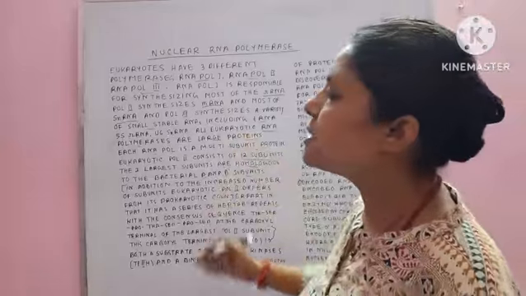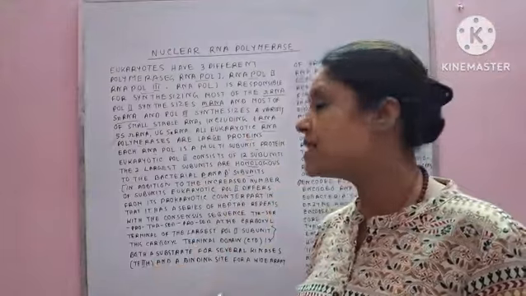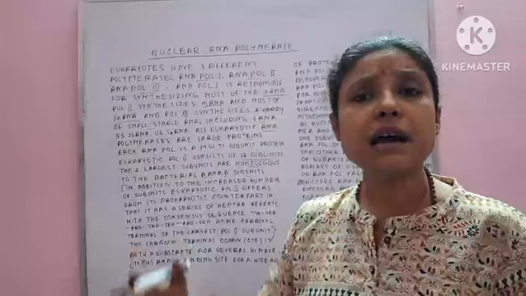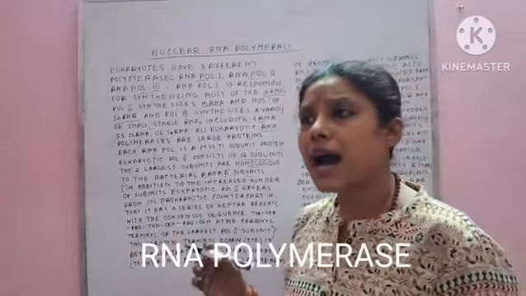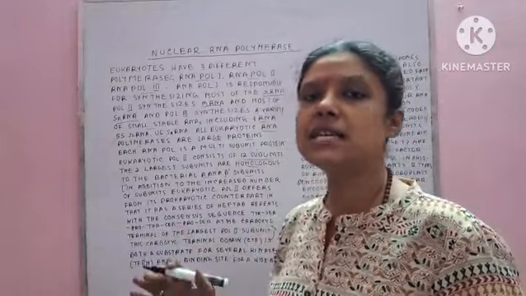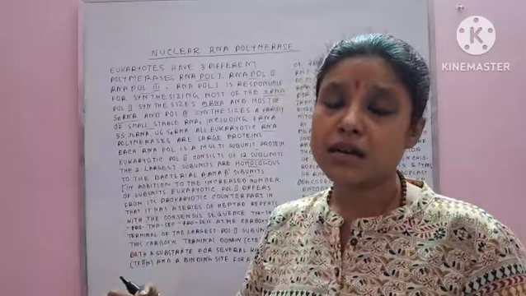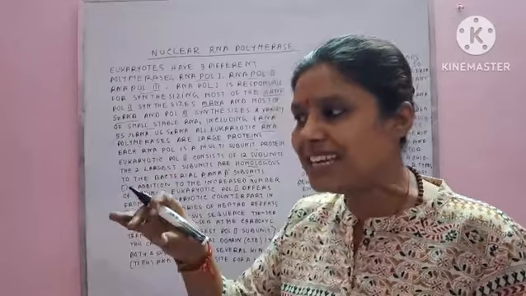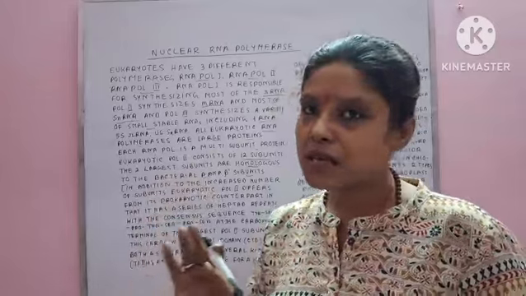So what is the difference between the RNA polymerase present in eukaryotes and prokaryotes? The difference is that an increased number of subunits is present. That means the number of subunits in the prokaryotic polymerase is increased in the eukaryotic Pol 2. So the number of subunits increases from prokaryotes to eukaryotes, and this is one of the main differences between the prokaryotic and the eukaryotic Pol 2.